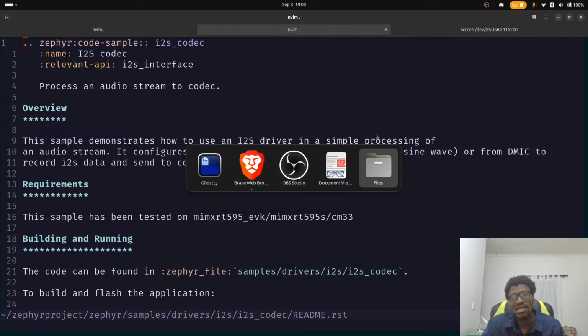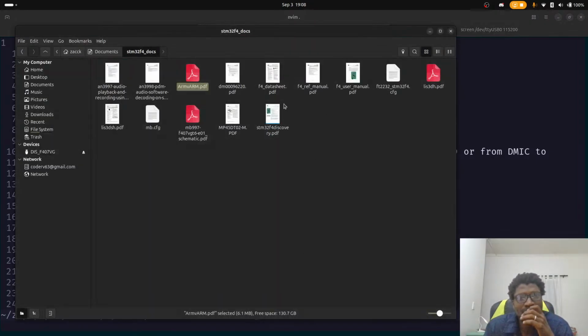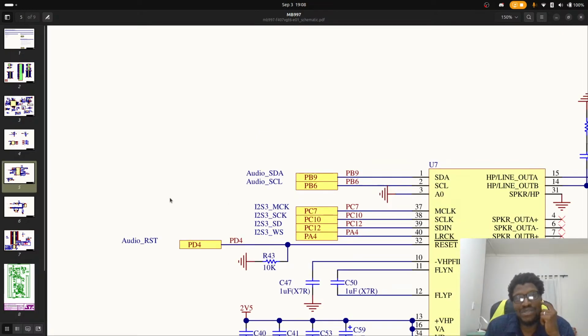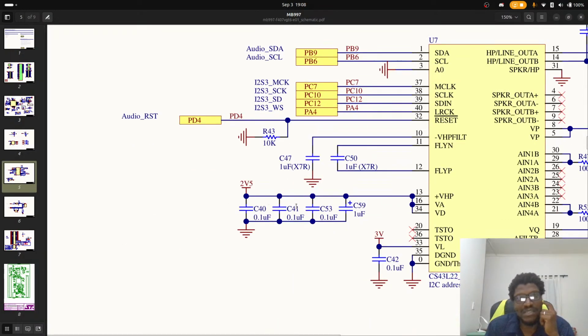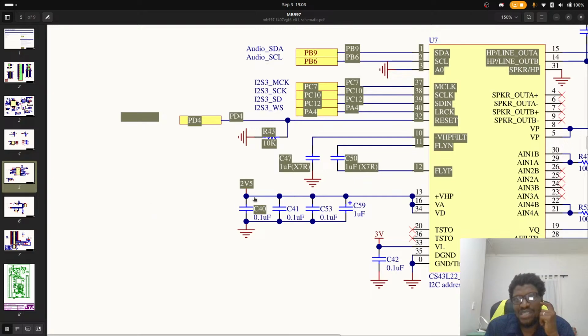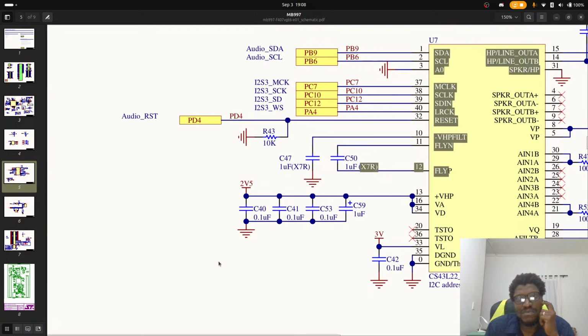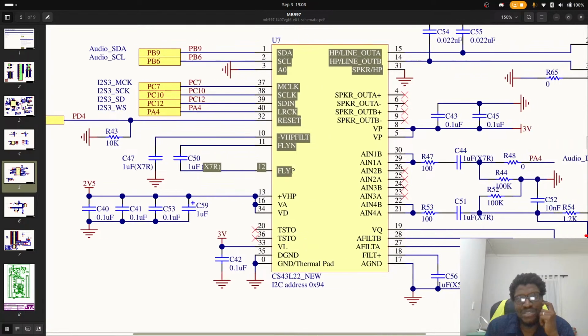So let's quickly look at the schematics of this board before we go on. I should look at wake sources, but that's for later. If you see here, I think this is the audio codec.